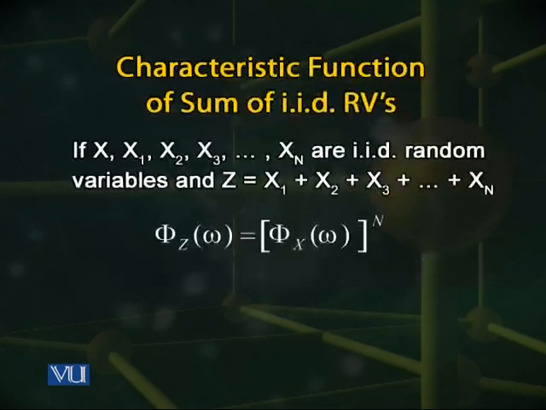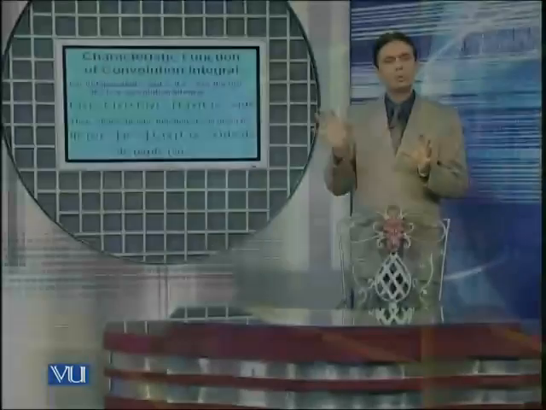And you can extend it to n random variables, and if all of the n random variables are independent and identically distributed, then the characteristic function of z, which is the sum of those n independent and identically distributed random variables, is the multiplication of the characteristic functions of the underlying random variables put together.